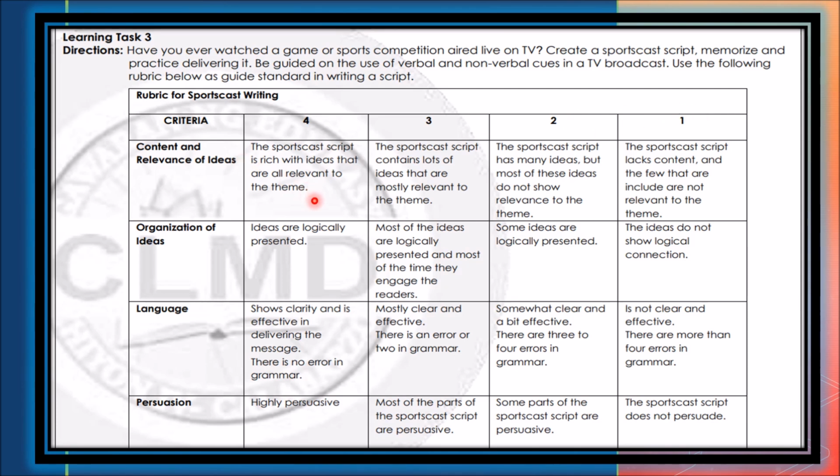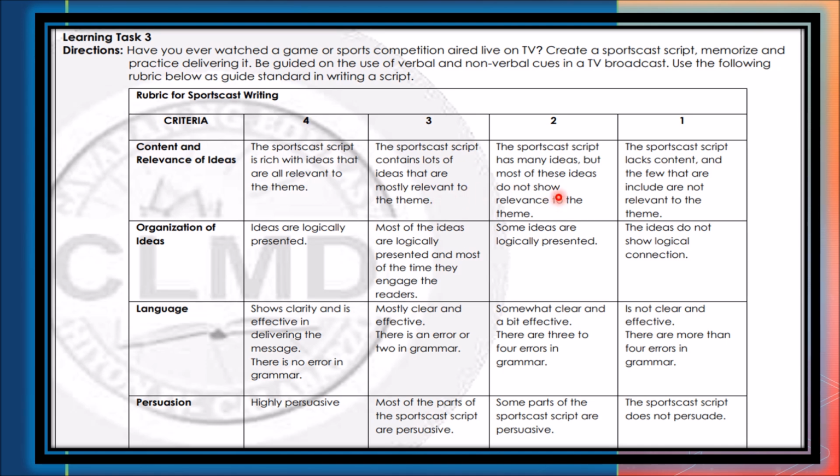So, for 4 points, for the content and relevance of ideas, the sportscast script is rich with ideas that are all relevant to the theme. For 3 points, the sportscast script contains lots of ideas that are mostly relevant to the theme.